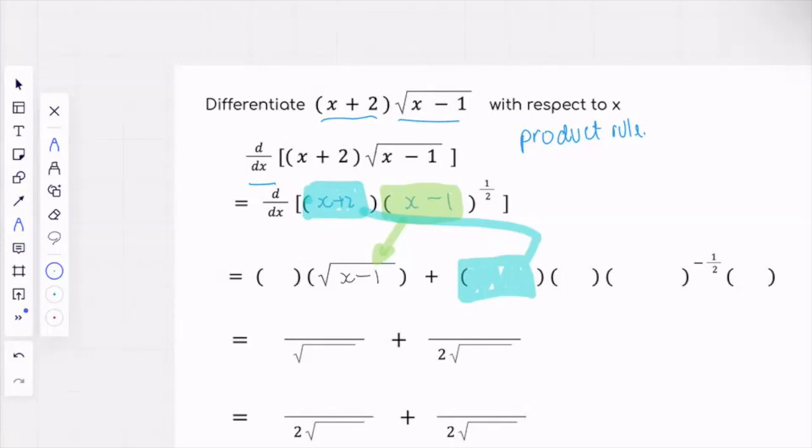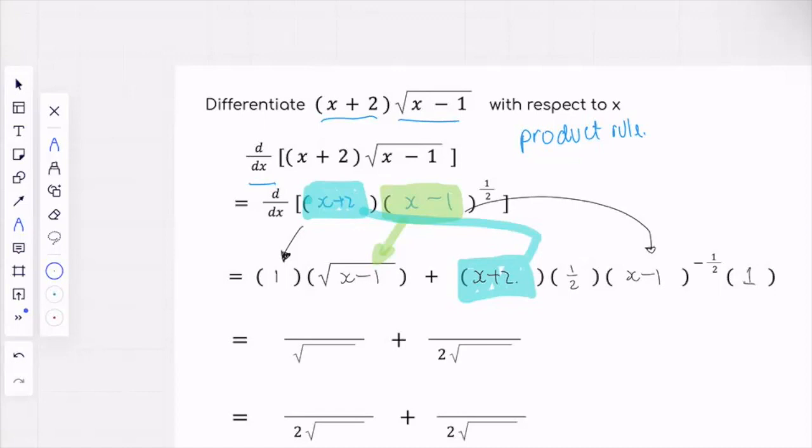Then for the other one, we copy x plus 2 and we have another empty space for the product rule. We just differentiate that: 1. And if you differentiate this bracket, what will you get? The power goes down, becoming half (x minus 1) power minus half, multiplied by the differentiation of x minus 1, which is 1.